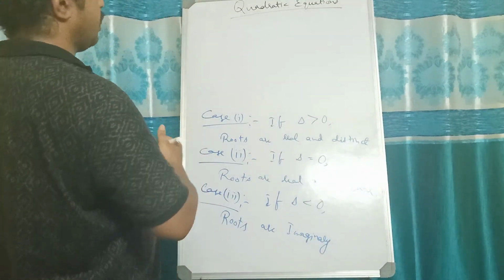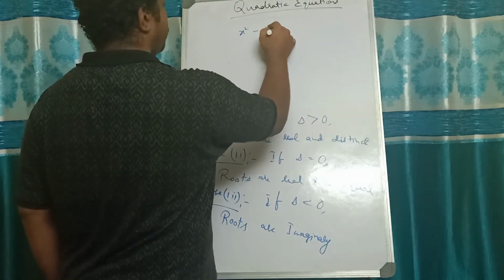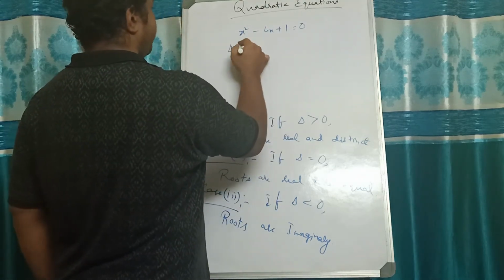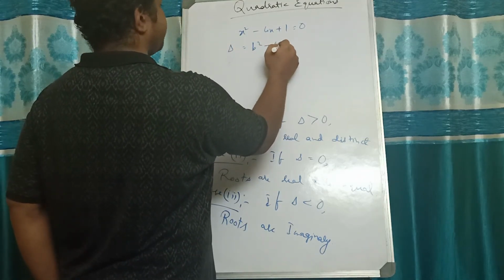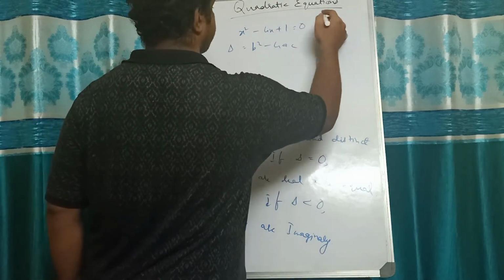Let me take an equation, something like x square minus 4x plus 1 equal to 0. Let me find delta equals b square minus 4ac. But before that, we need the a, b, c values.